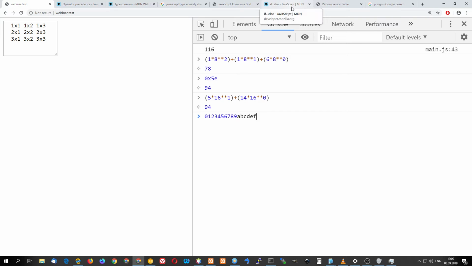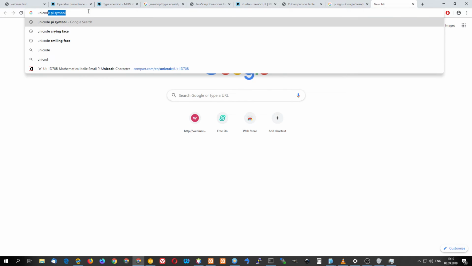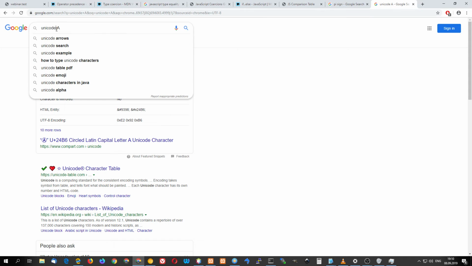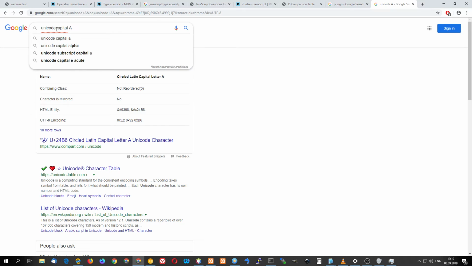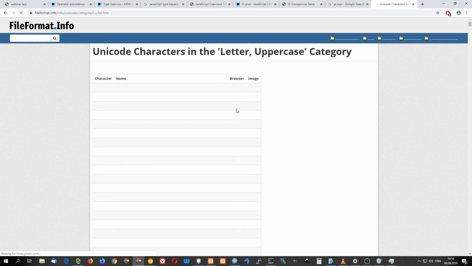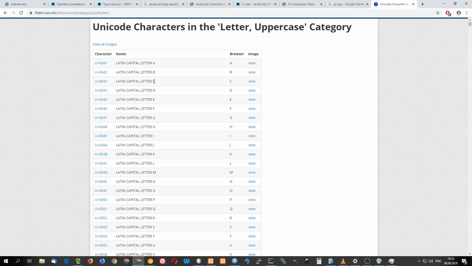For example, when I look at the Unicode letter A, the 41 is how the letter A is stored in a computer, and the 41 is here in base 16.